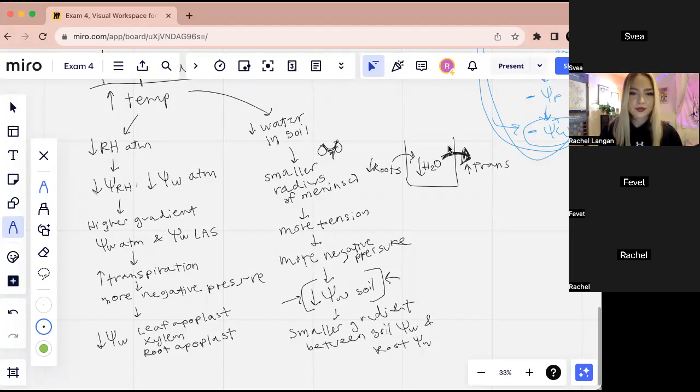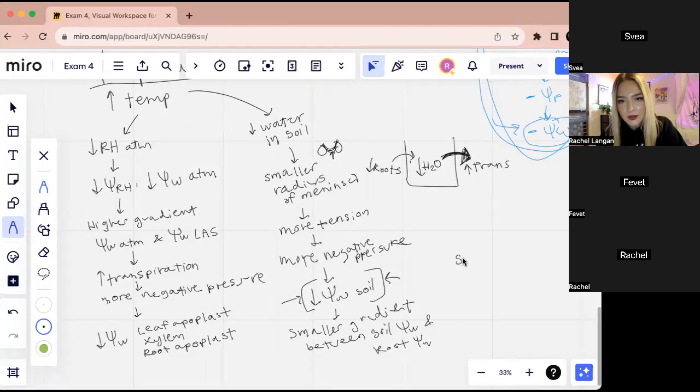Yes, question. Wouldn't the gradient be bigger, because doesn't it go from high to low, for the last part of this flow diagram?